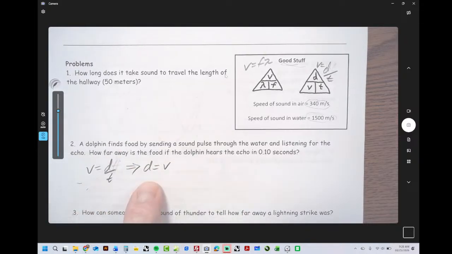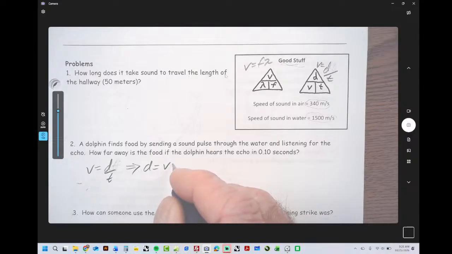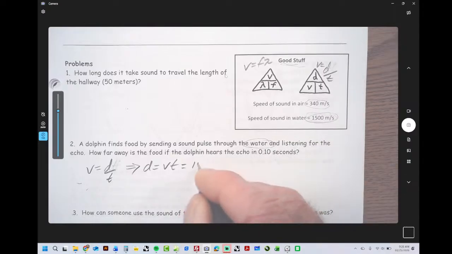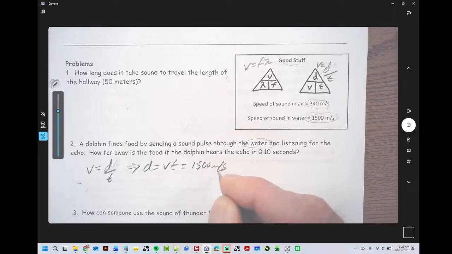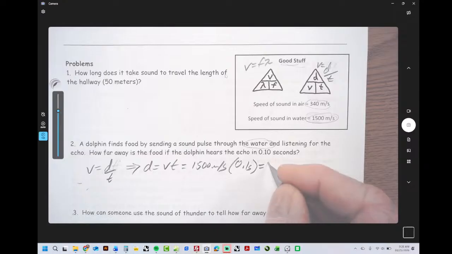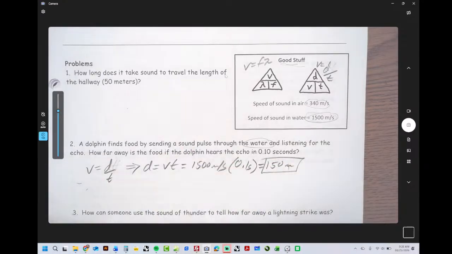And that becomes distance equals velocity times time, which is, since this is in water, and that's the velocity in water, 1,500 meters per second, times the time, 0.1 seconds, equals 150 meters. And Prosper is correct.